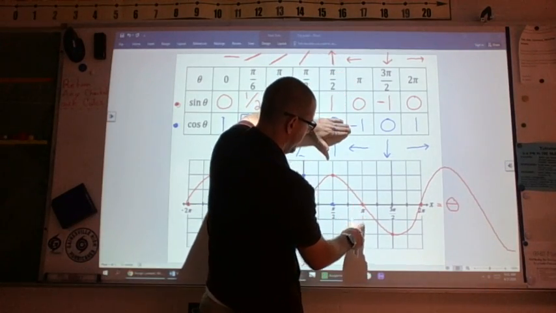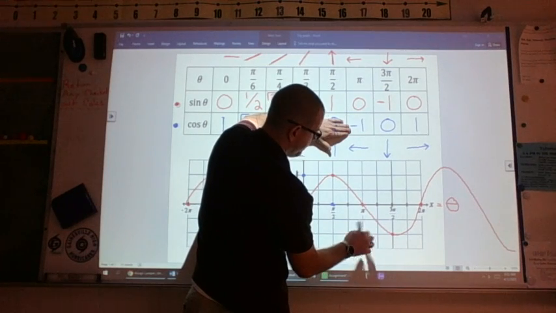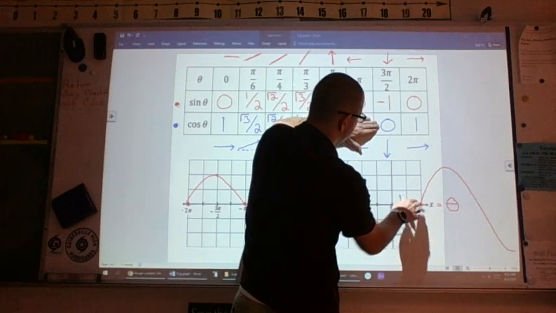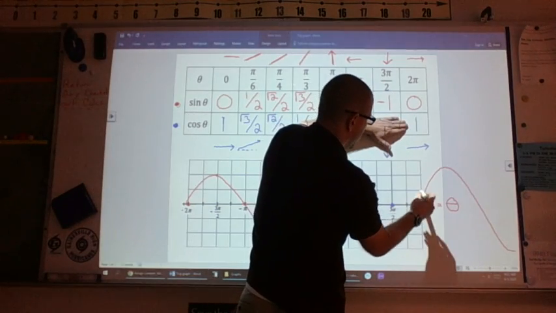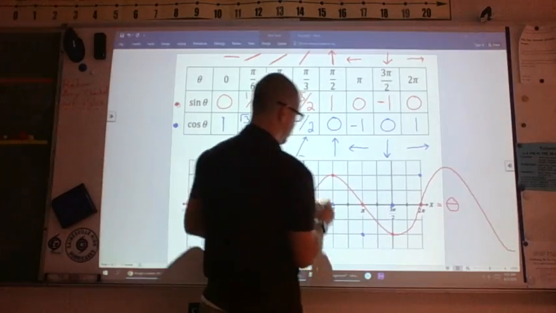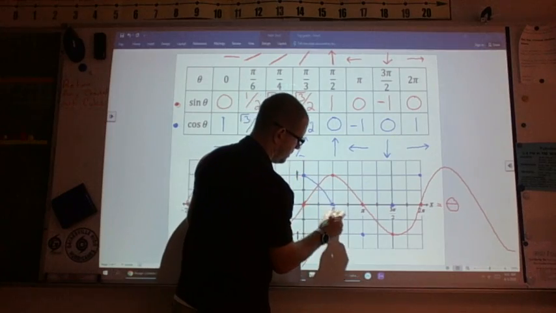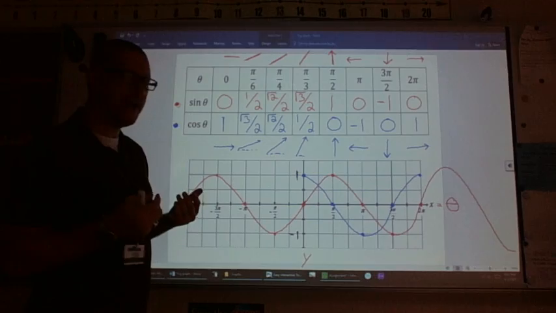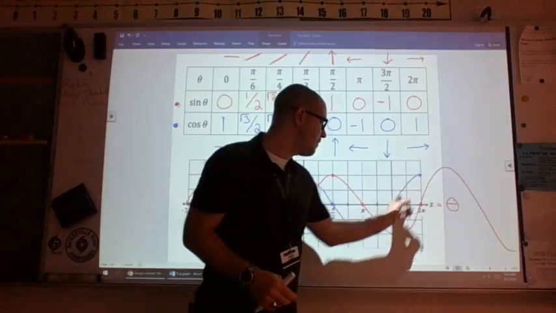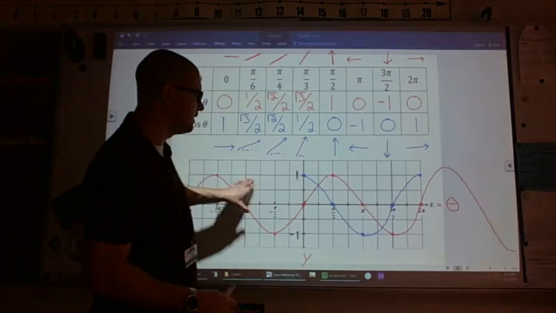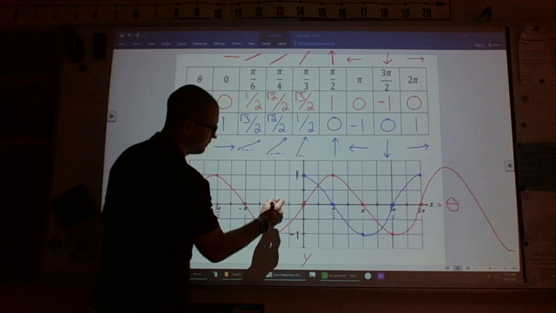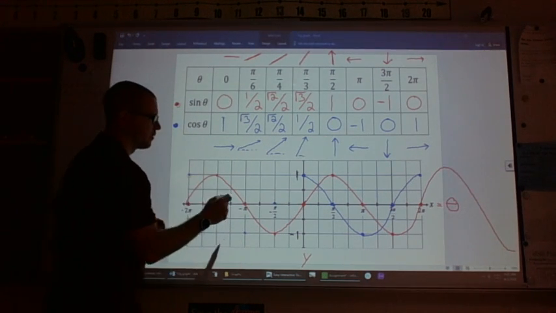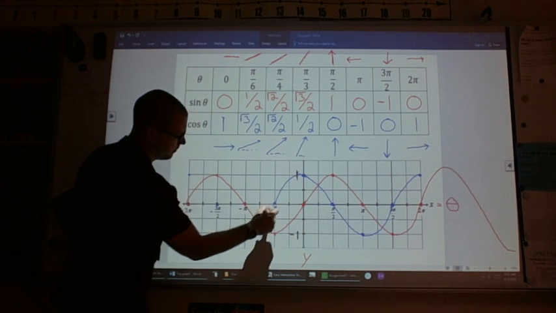Pi, -1, 3 pi over 2, 0, and then back to 2 pi at 1, and so we get really the same graph as sine. It's got that wave pattern, just shifted back a little bit. And if I go to the left, it repeats, and if I go to the right, it repeats.